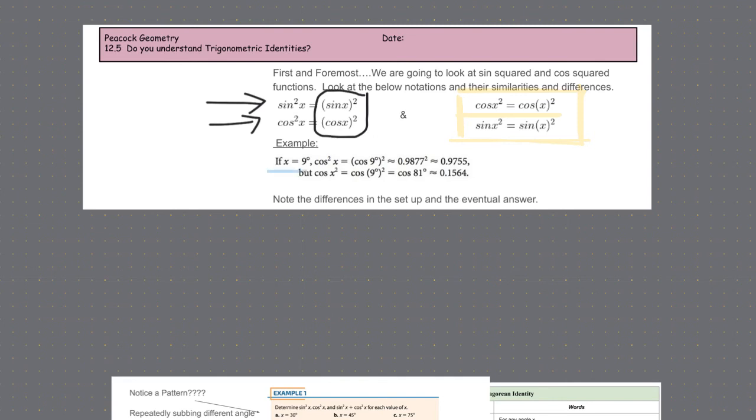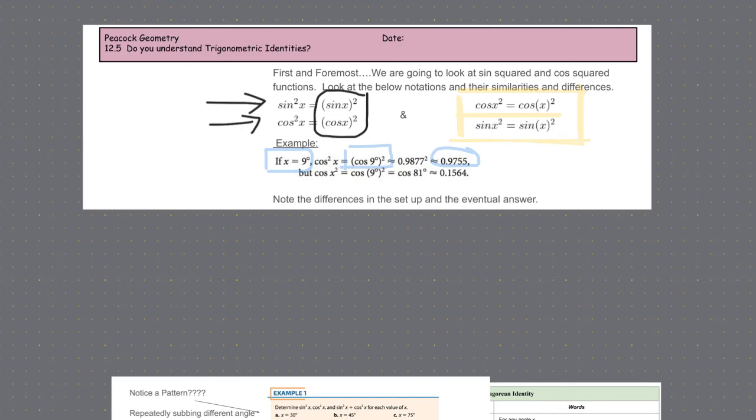So here's a great example. Say x is 9 degrees. If we take the cosine squared of x, that means take the cosine of 9 degrees and square the entire thing, which results in approximately 0.9755, if you want to be precise.